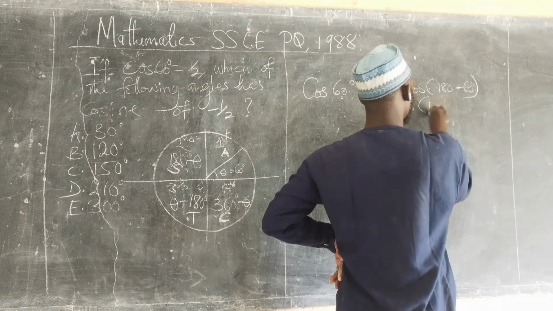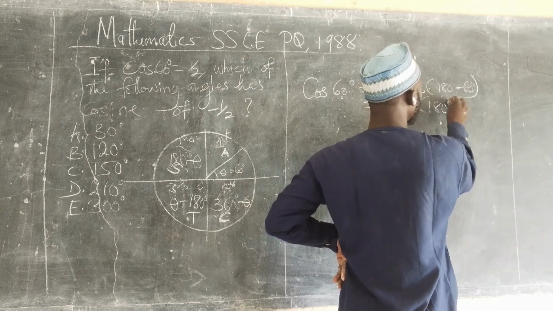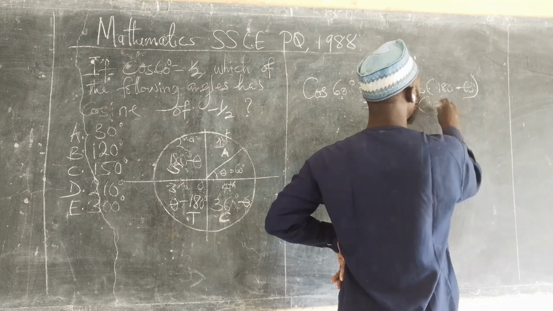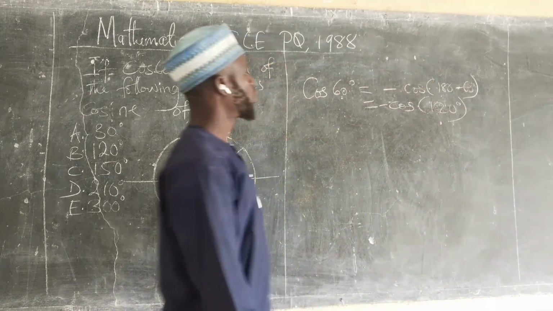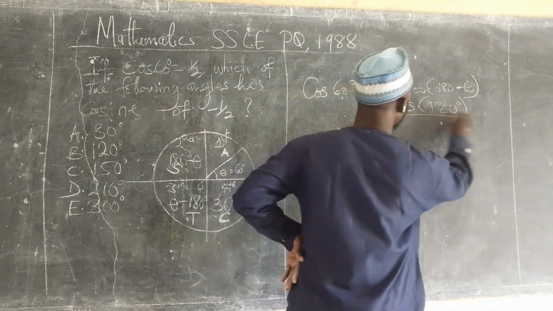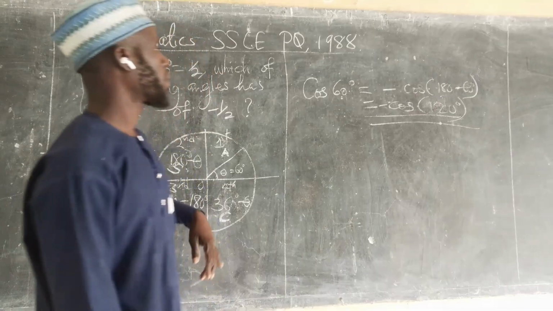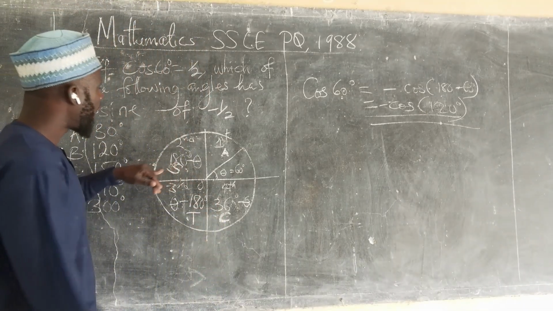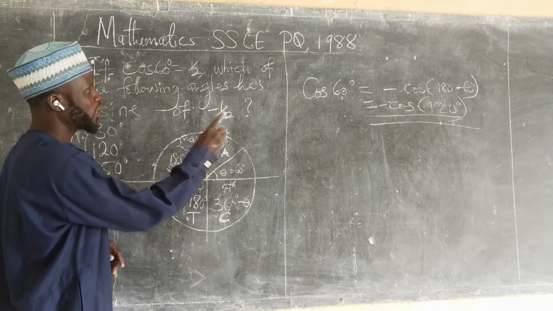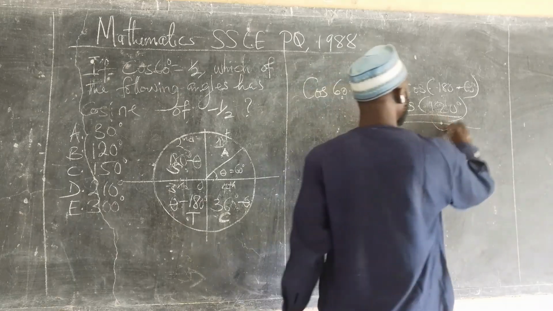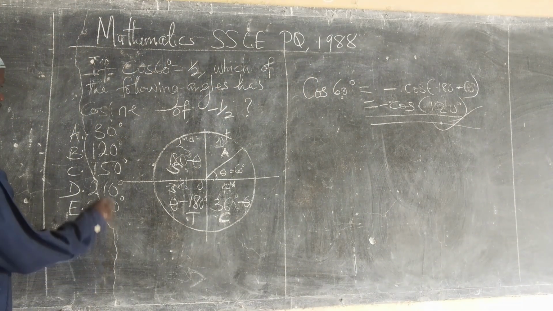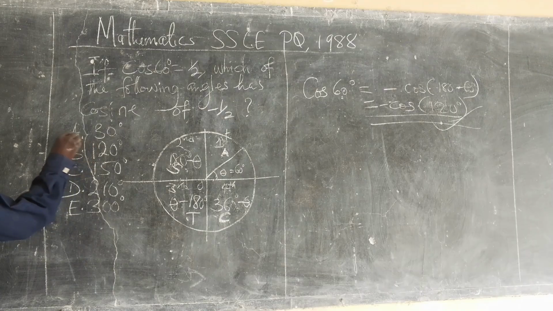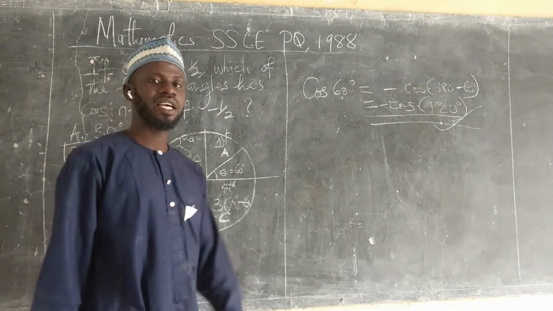So we have 180 minus 60, and that will be 120 degrees. So clearly, the angle we are looking for is 120 degrees. And let's check the options, and option B is the option that best answers the question.